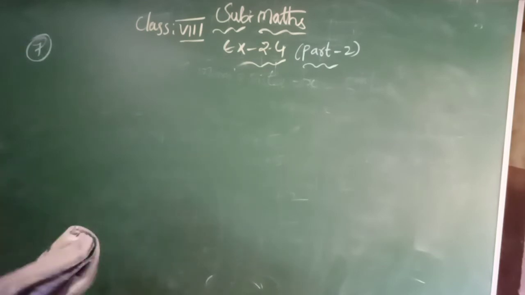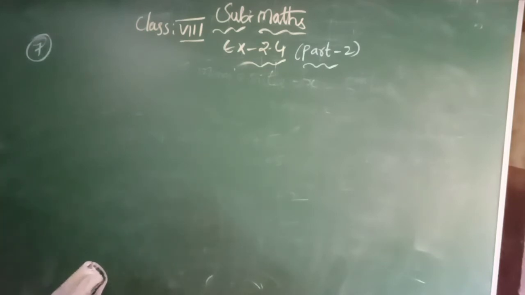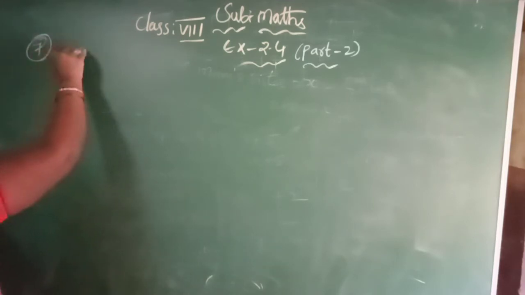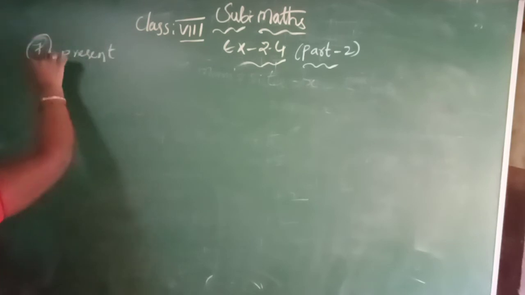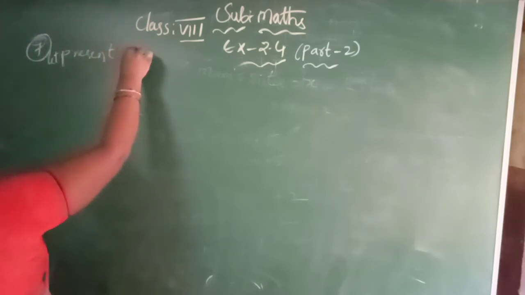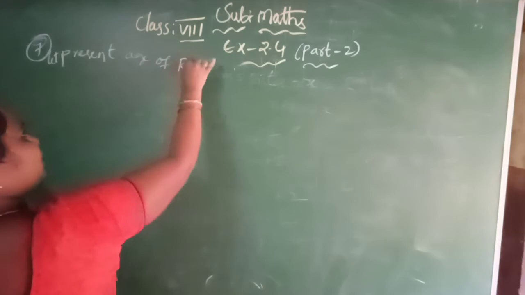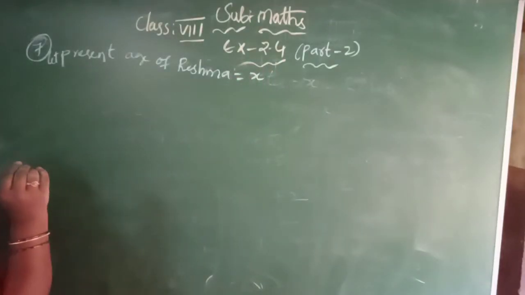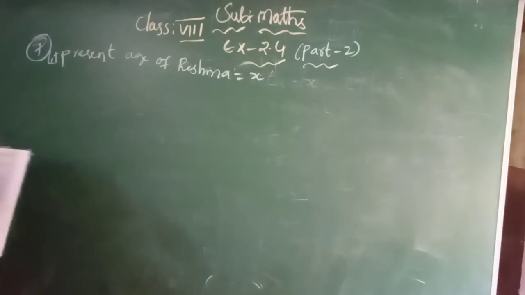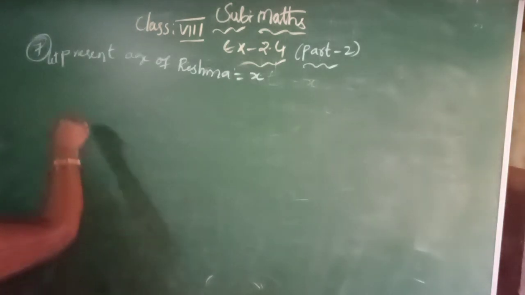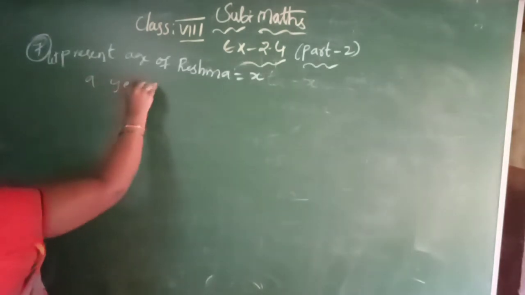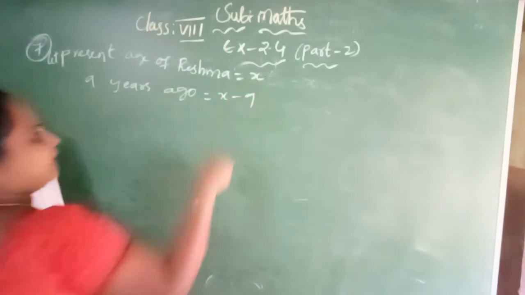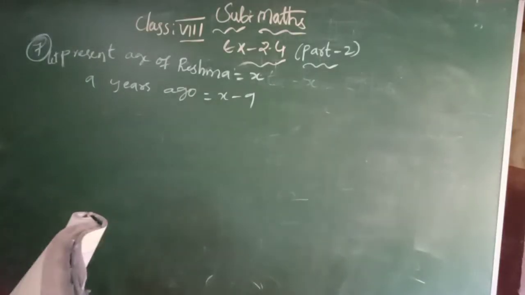In 5 years time, Reshma will be 3 times as old as she was 9 years ago. So let the present age of Reshma be x. 9 years ago means x minus 9.